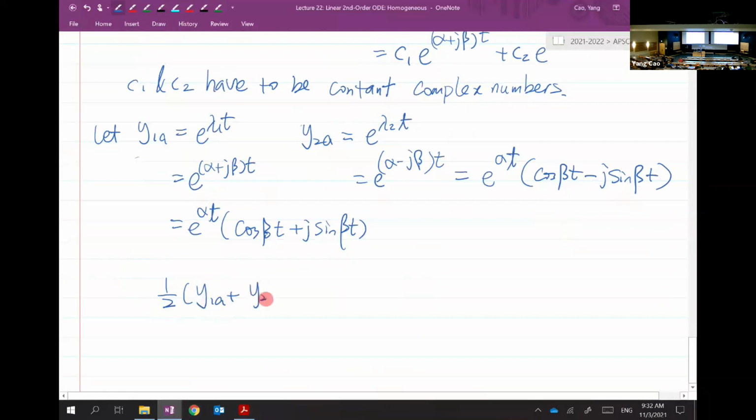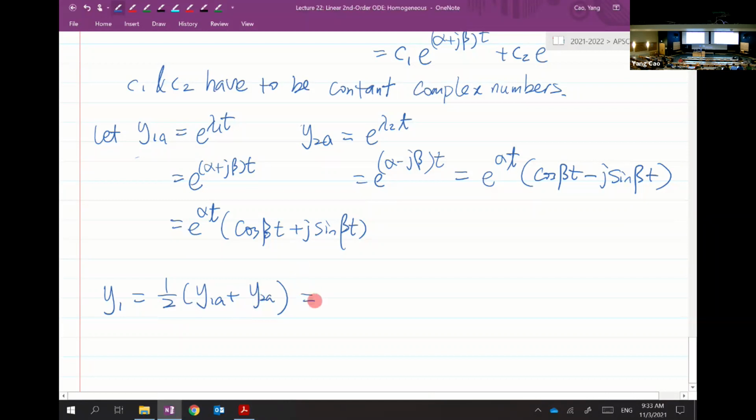I'm going to create one half of y1a plus y2a. Essentially, I'm adding the two particular solutions up and dividing by 2, like C1 equal to 1/2, C2 equal to 1/2.